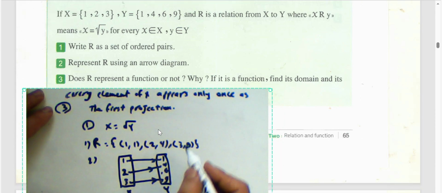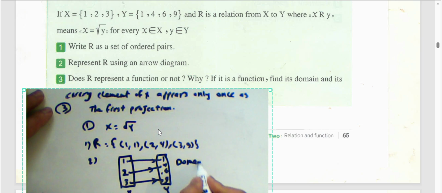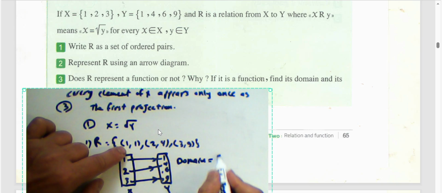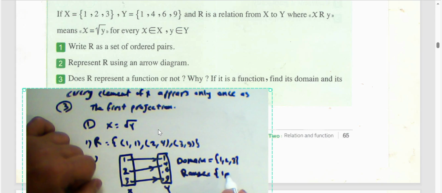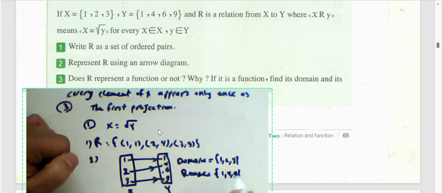So this is number 1. Next question, we want to find the domain and range. We can write the domain will be the first elements 1, 2 and 3, and the range will be equal 1, 4 and 9. Okay, we have the domain and the range of this function.